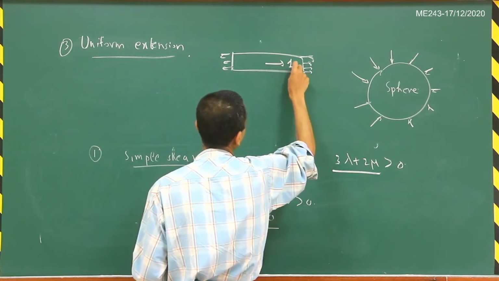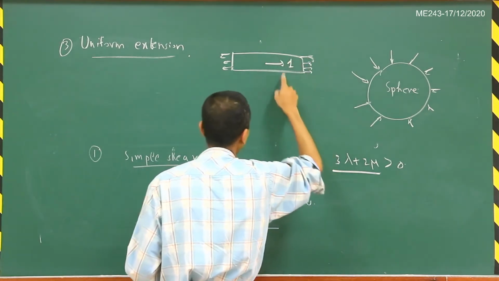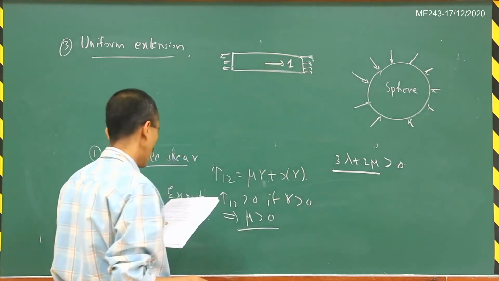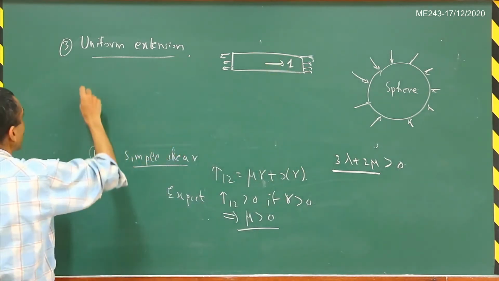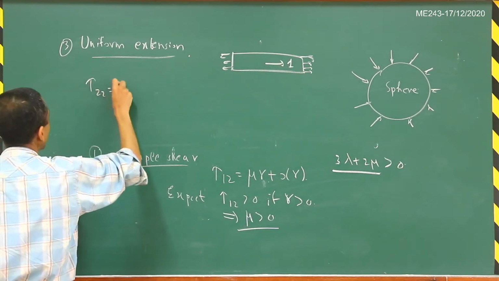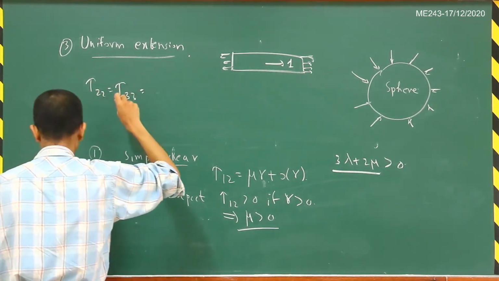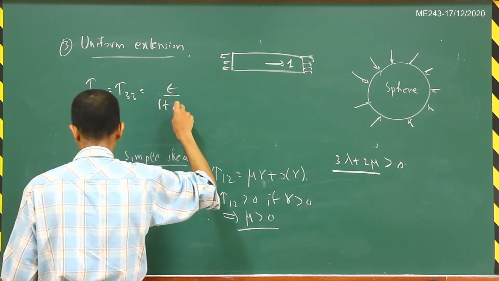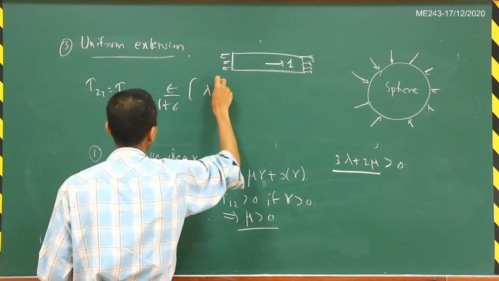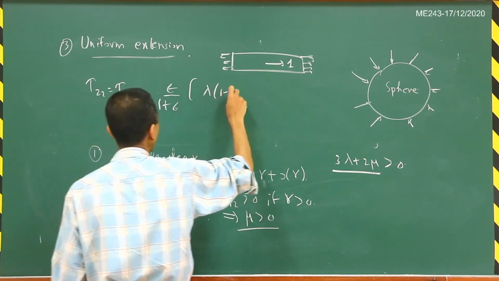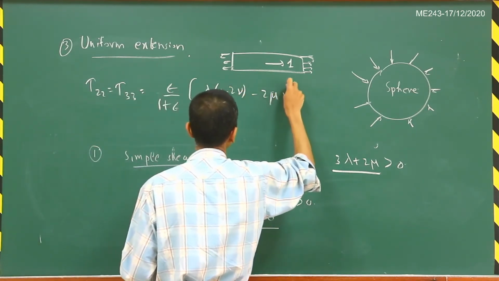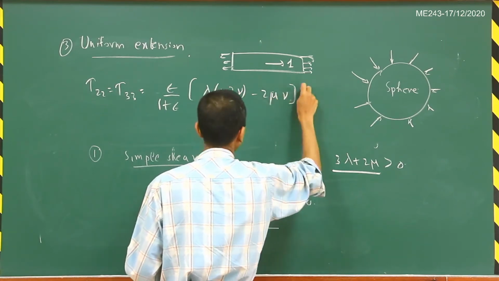So the traction is being applied along this one direction, and the 2 and the 3 are in the plane perpendicular to this one direction here. Then what you will get is that tau 2 is equal to tau 3 is equal to epsilon divided by 1 plus epsilon times lambda times 1 minus 2 nu minus 2 times mu plus order epsilon.